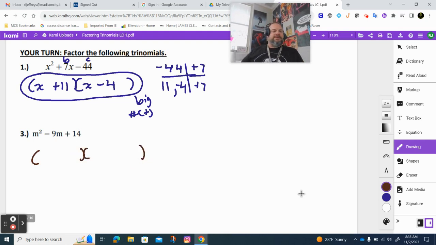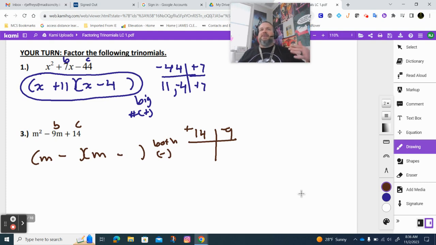So let's look at number 3. Start with my parentheses, put my variables in. Here's my C term. There's my B term. Since my 14 is positive and my 9 is negative, they're going to be both negative, because a negative times a negative is a positive.